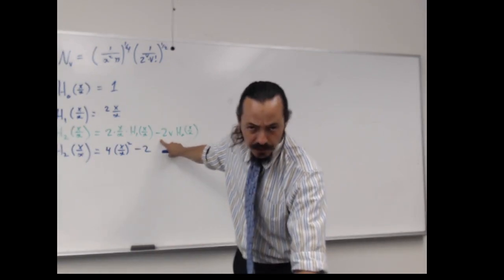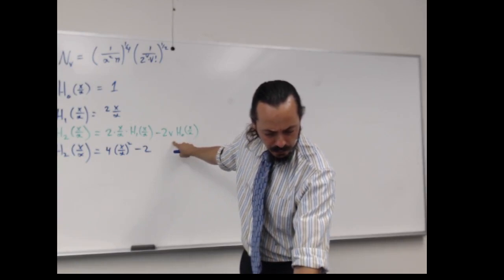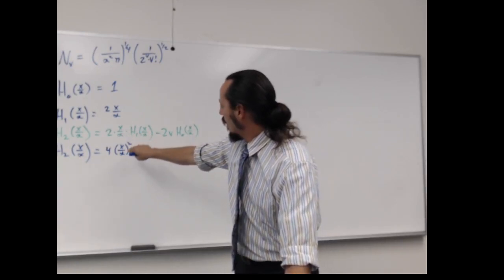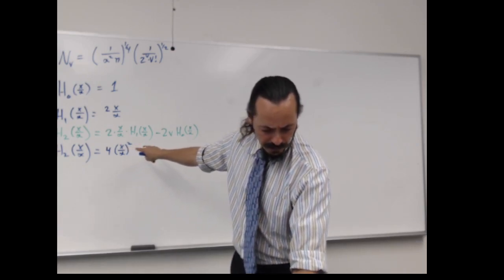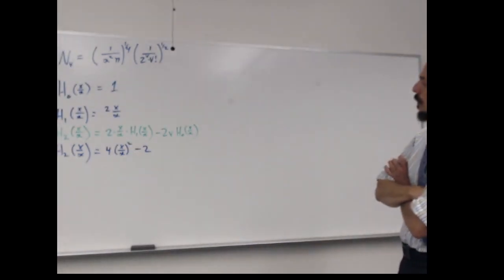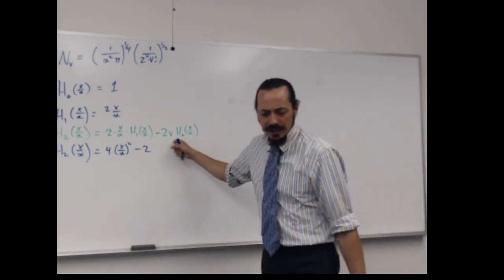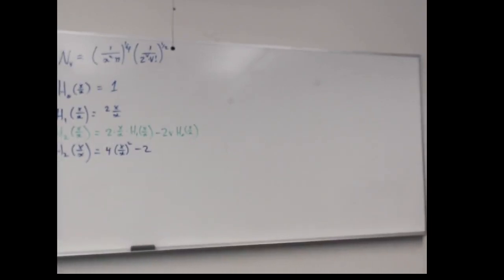I think it's 2 times y. 4. Oh no, I'm okay. 4 minus 2, because y is equal to 2, so that should give us 2 times 1. This v should definitely be here. Okay, I'm going to have to deal with that in a moment. I can't believe I didn't notice this last time.